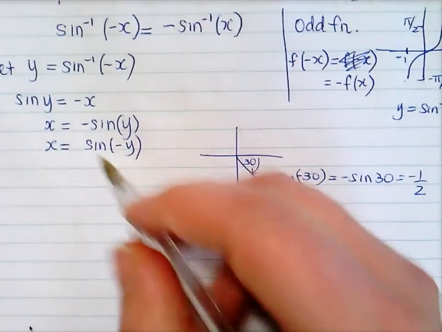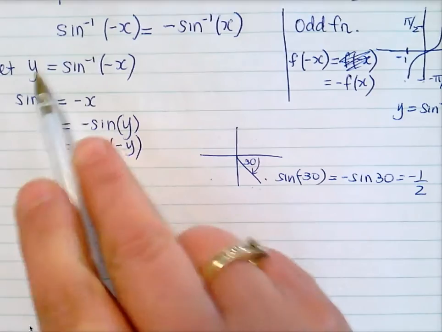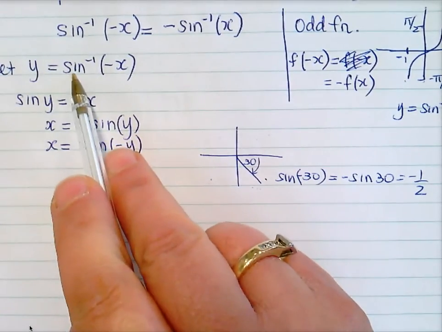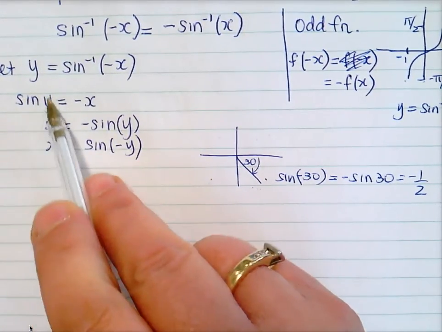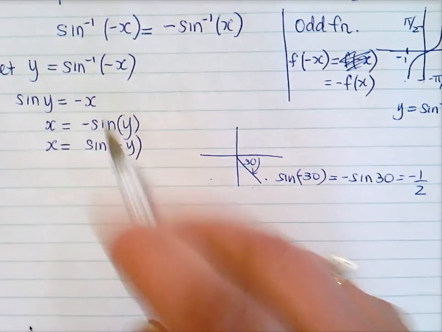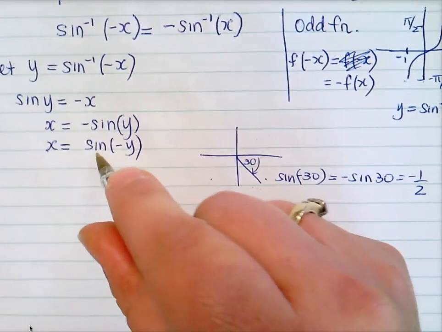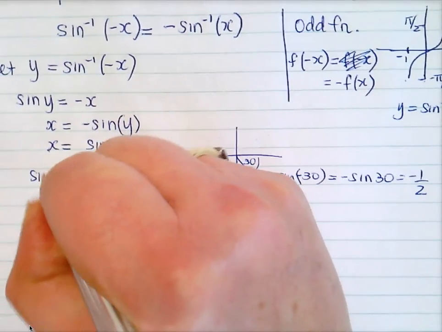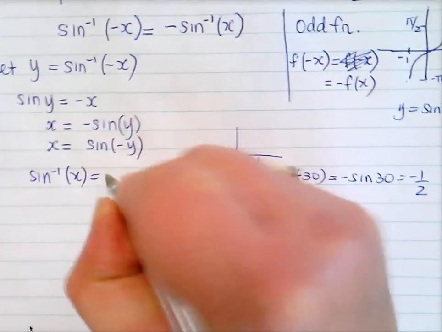Now, see how if y equals inverse sine of negative x, then sine of y equals negative x. So if x equals sine of negative y, then the inverse sine of x is negative y.